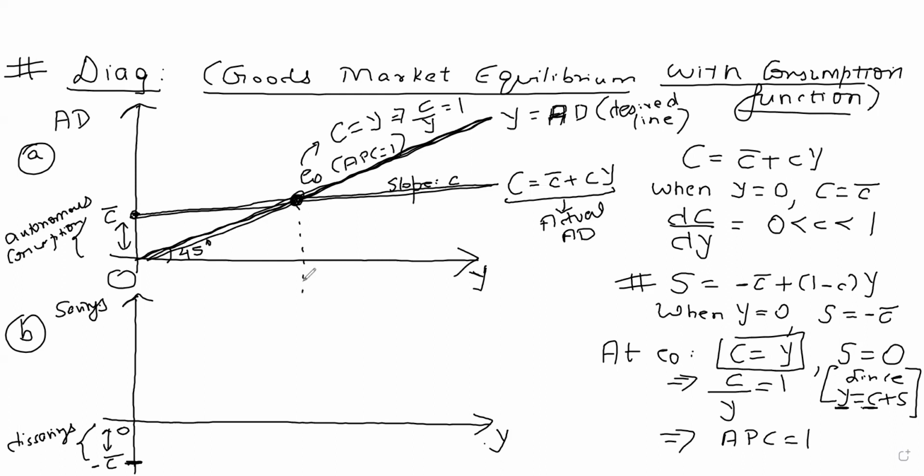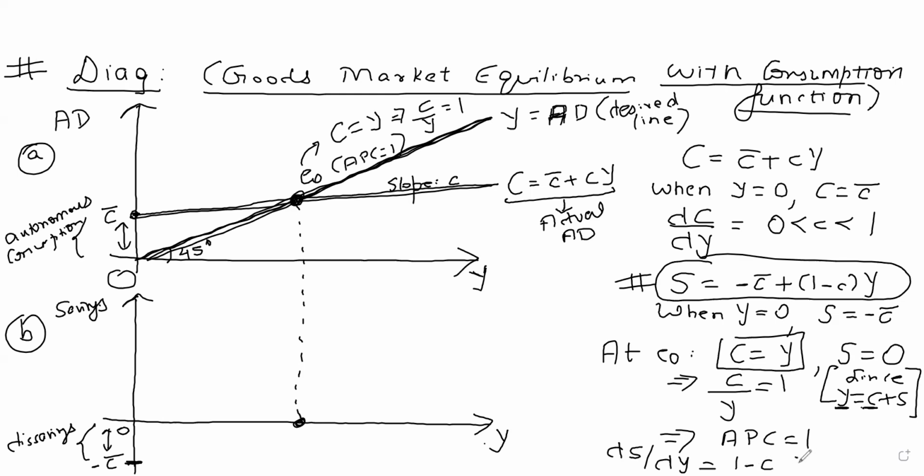So I can map it down. My savings is 0. And what's the slope of the savings function? 1 minus C. If I differentiate this, dS by dY, I get 1 minus C, which is again positive. That means my savings function is upward sloping.